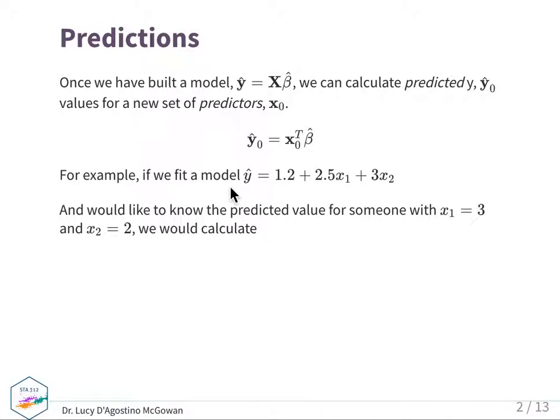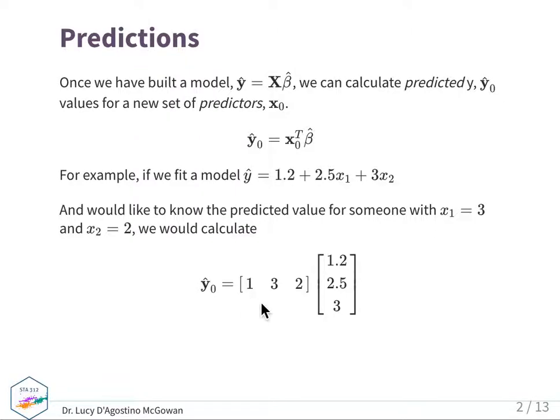That works. But another way to write that is in this formulation here, where you take those values x1 and x2, so 3 and 2 here, and you stick this into this vector x0. And one thing I'm going to mention here is that this first element of the vector, of course, is going to be 1 because you're going to be multiplying that first part by the beta 0 or the intercept, so you would still have that 1 there.